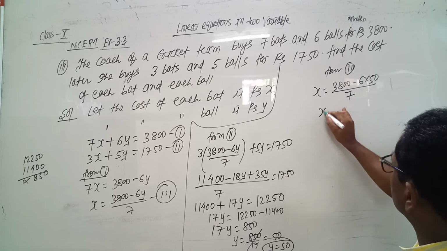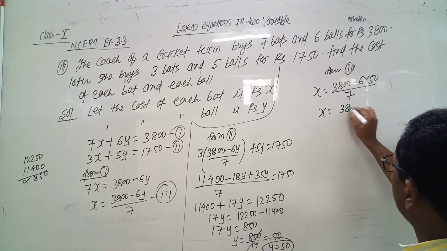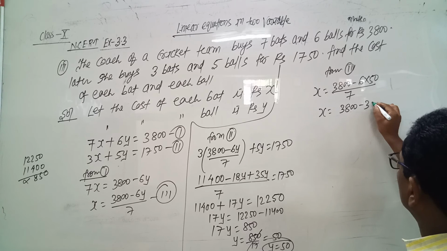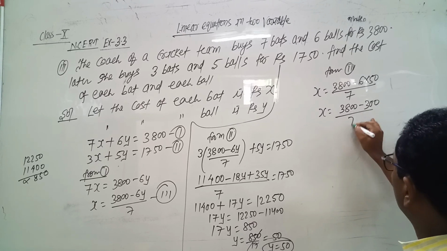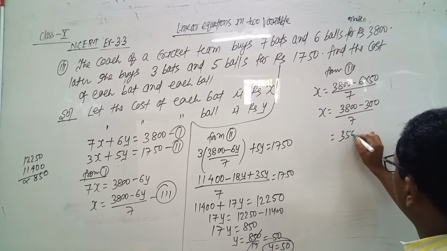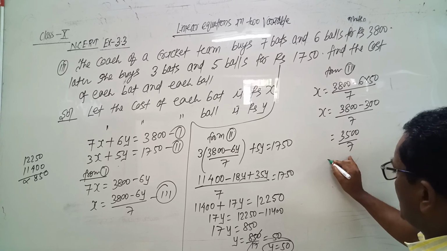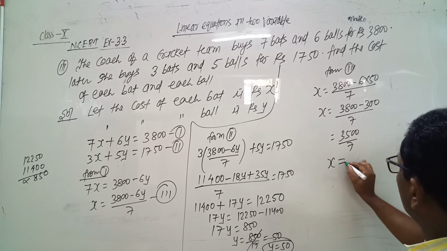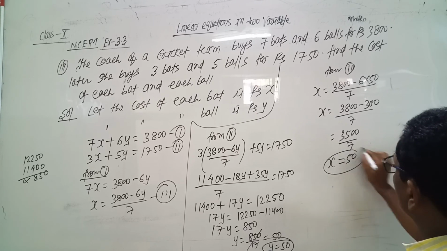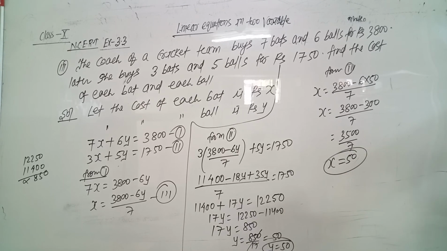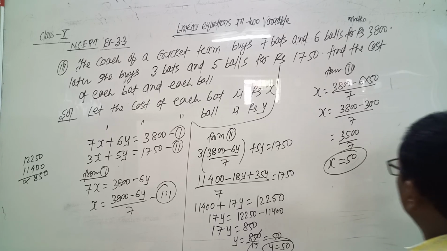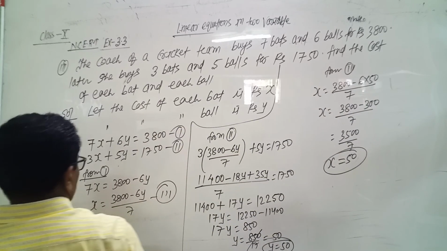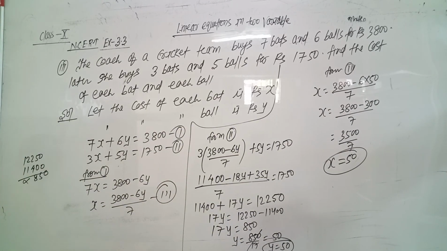So x equals 3800 minus 300 upon 7, which is 3500 upon 7, and x equals 500.